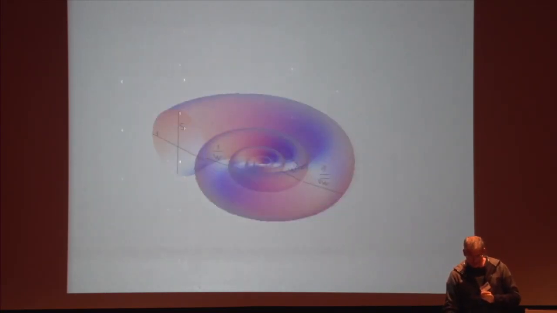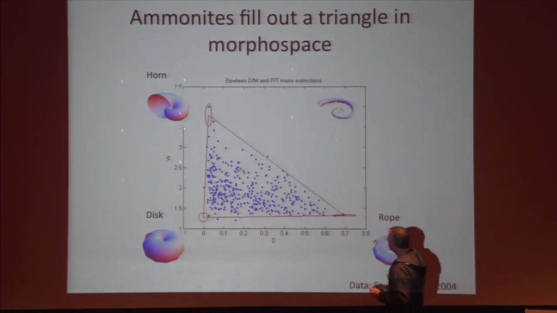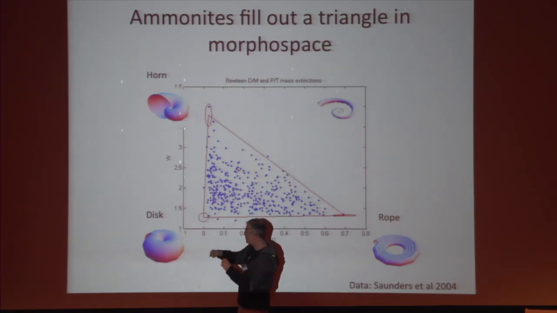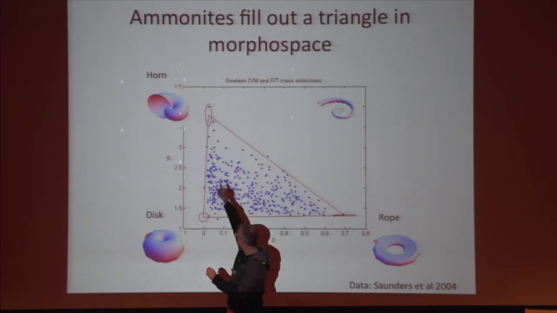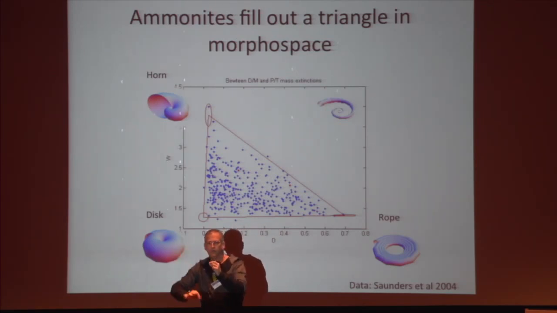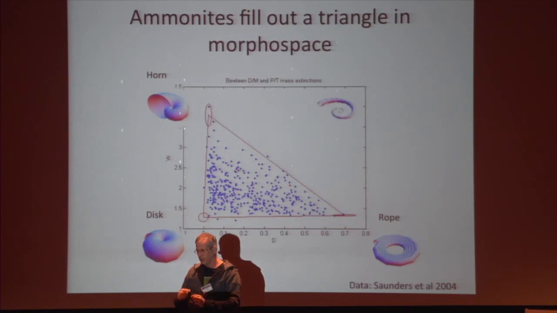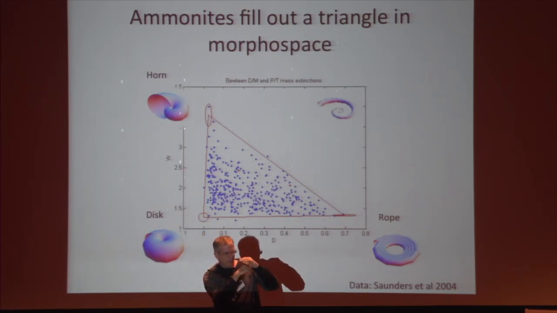So it's an interesting evolutionary example. Each point here is a genus of ammonites, and the axes are about the two logarithmic spirals. This axis, W, is the fraction that the logarithmic spiral grows with each revolution. And D is the ratio between the inner and outer logarithmic spirals, the opening.